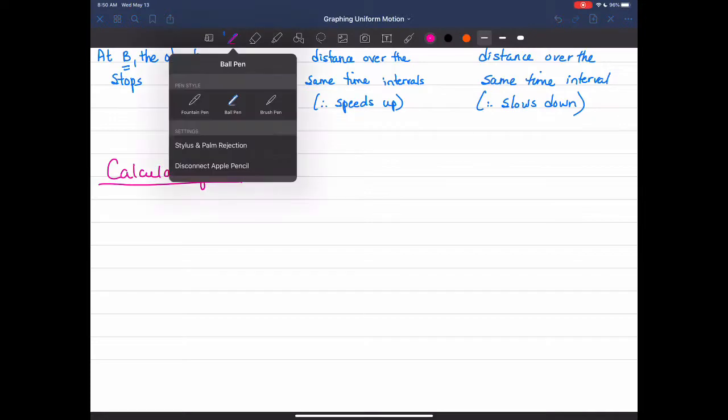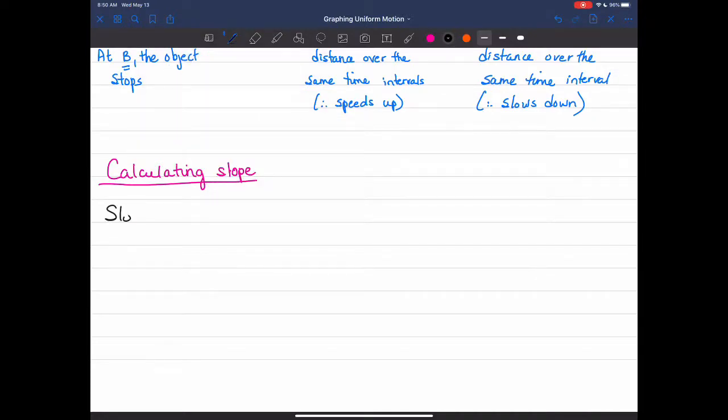Now, if you remember from math, slope is your rise over your run. We're going to take 2 points on the y-axis, call them y2 and y1, and divide by x2 and x1, sort of a final minus initial.